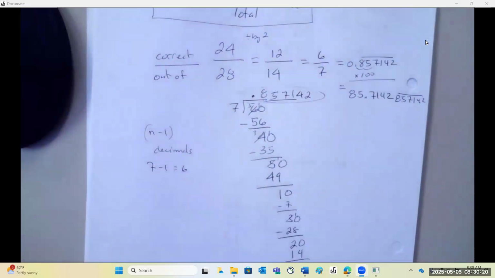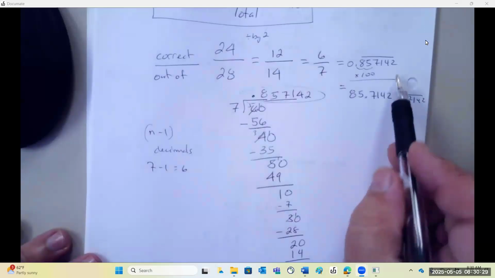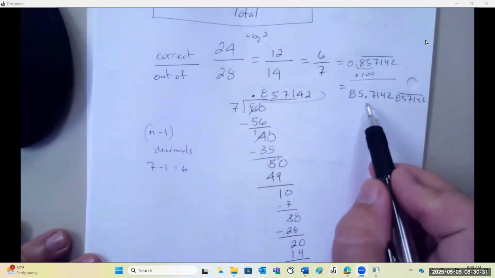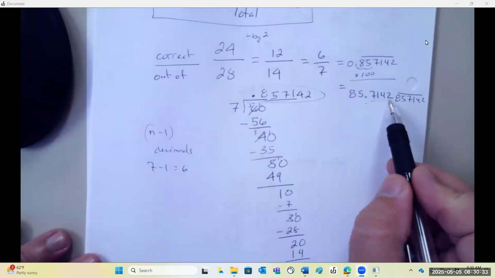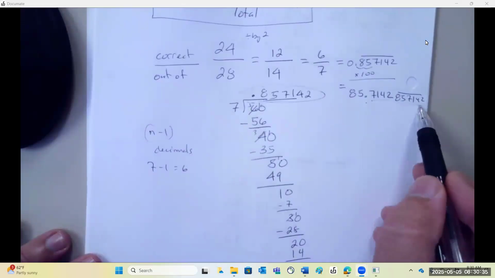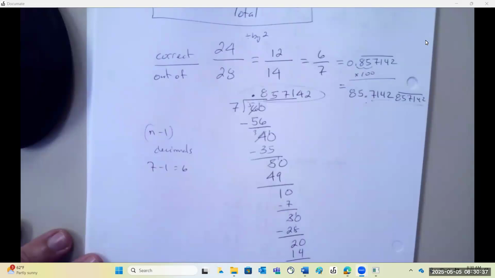Wow. Because we know it's always a repeating pattern, but since we move the decimal 2 to the right, we have to finish out that sequence before the pattern repeats itself. And then it always repeats itself.